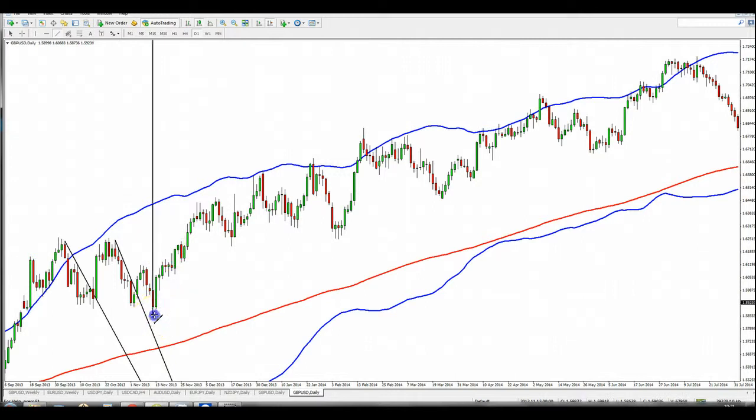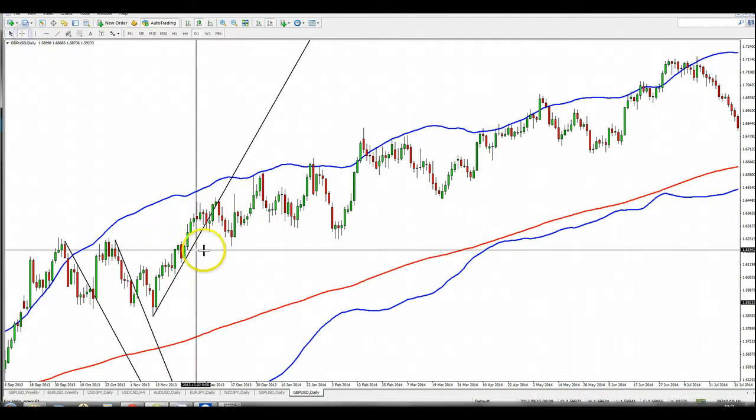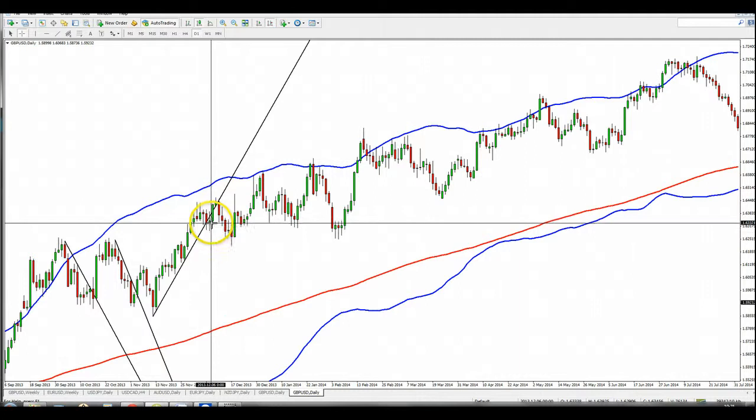What I would do is put another trend line up, and when the price fails to carry on and breaks your trend line, that's a nice way to get out of the trade. So as soon as the candle opens up through the trend line, that'll be an exit on the trade.